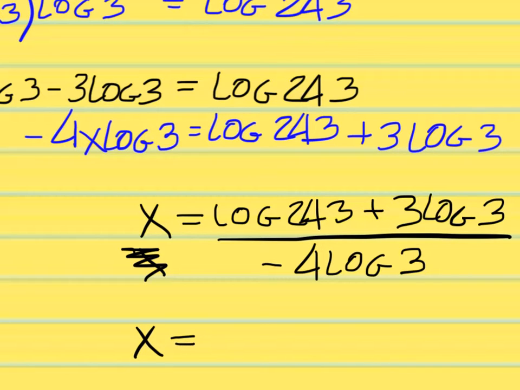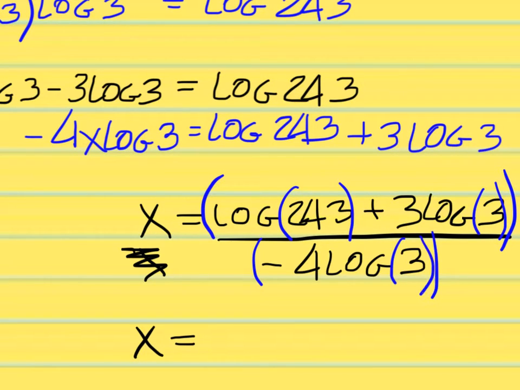That's a 243. So in your calculator, you can do this all at once, but you need to type it in like this. There and there, parentheses. Remember, you have parentheses around what you're taking the log of. And then on the bottom, parentheses around that.